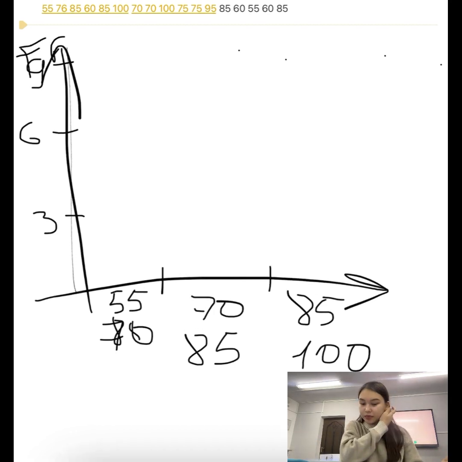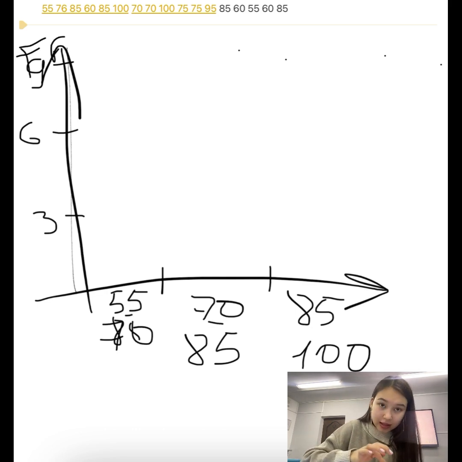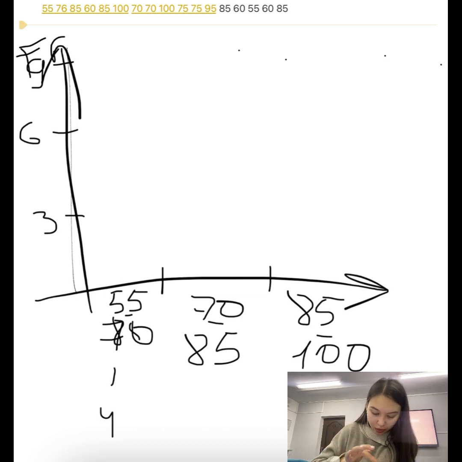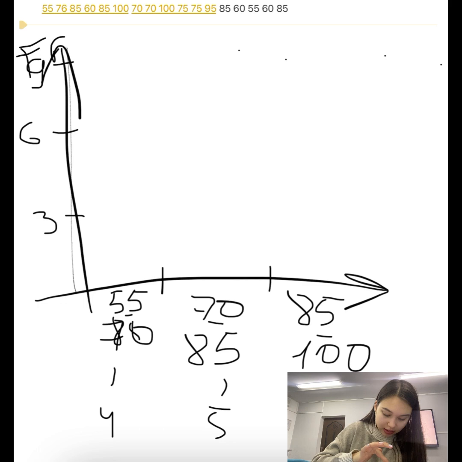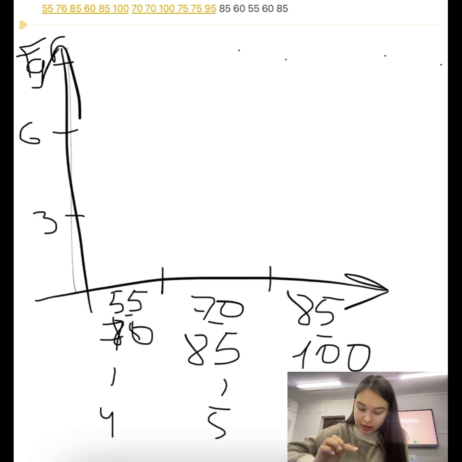Next, we see that this is an interval, so we have to count how many times they are repeating. Here is 4, this is 5, and this is 8, as we remember. So approximately this is 4, and approximately this is 5.